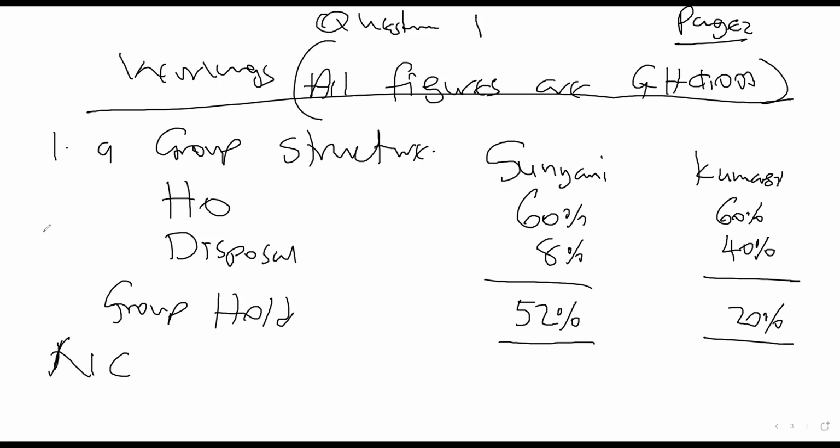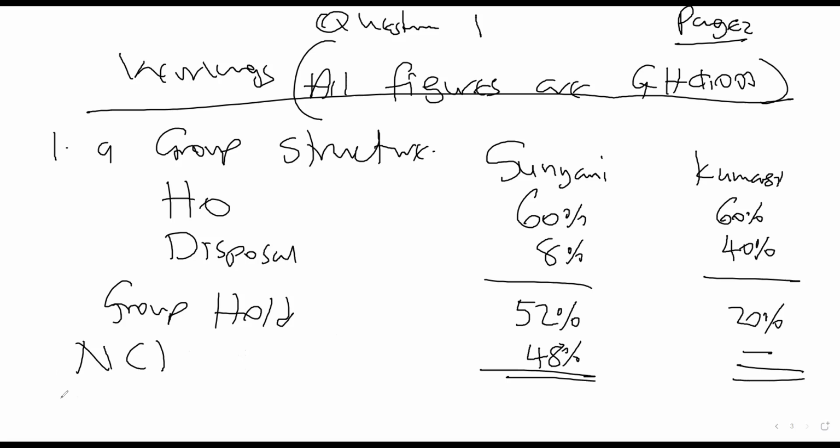When you write the NCI figure here, you must provide extra analysis of NCI. NCI will be 48%, then dash. Do your analysis of NCI. Analysis of NCI. Check the dates.